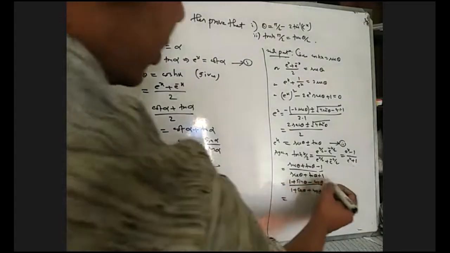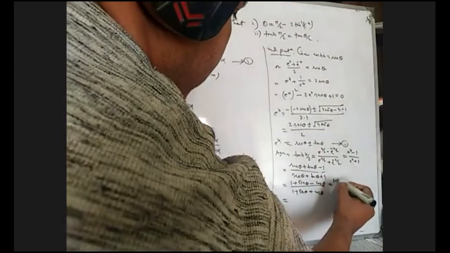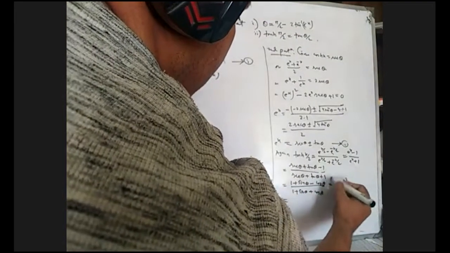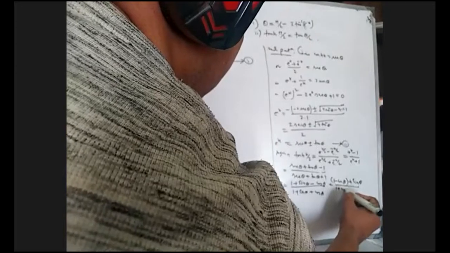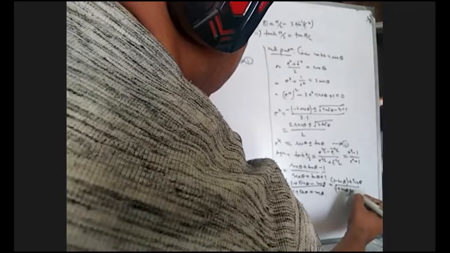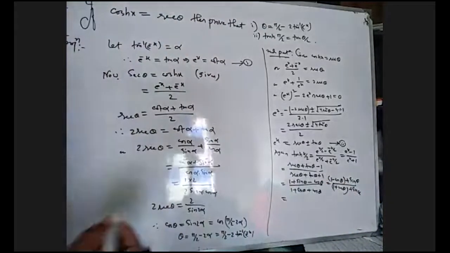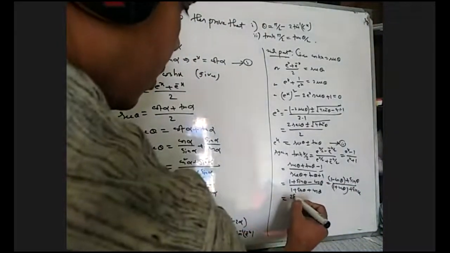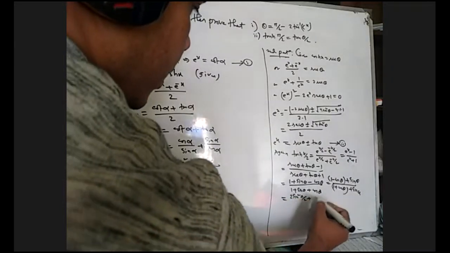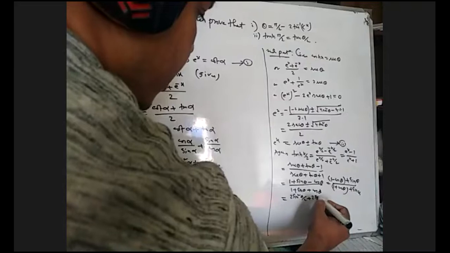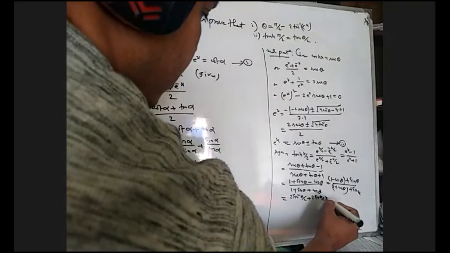Now the formula for 1 minus cos theta is 2 sin squared theta by 2, and sin theta is 2 sin a cos a.